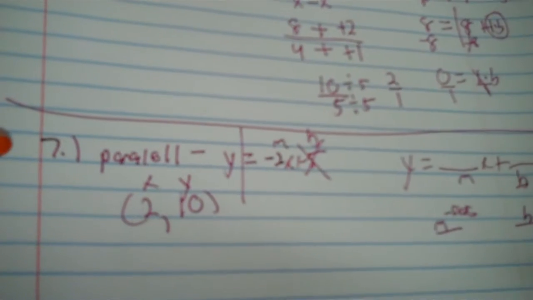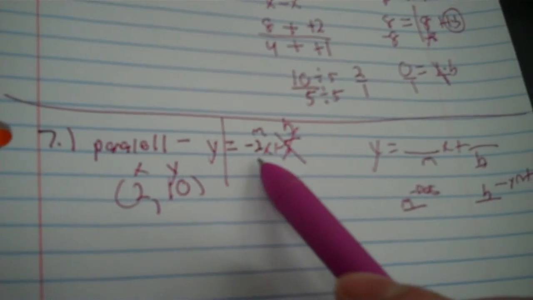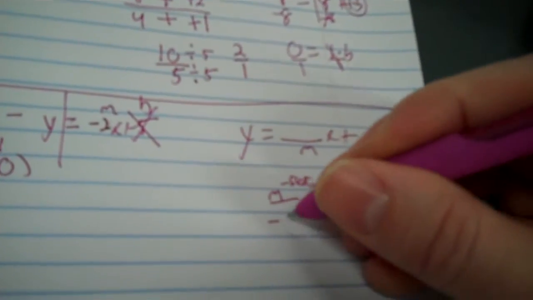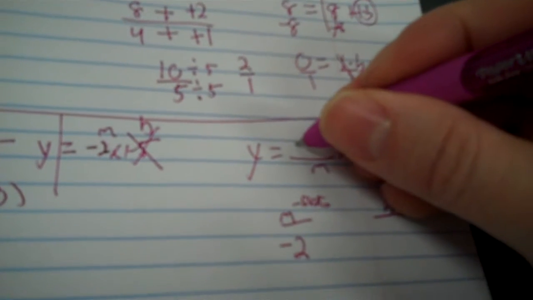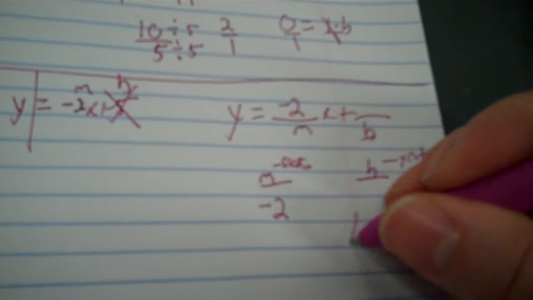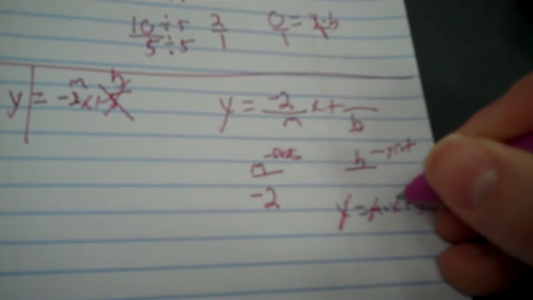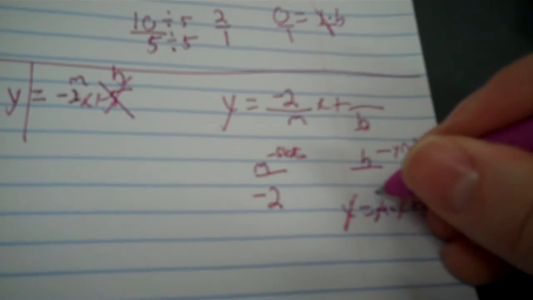Now I don't need this b. What I do need to pay attention to is the m. It's parallel. Parallel lines have the same m. So if that's -2, I have -2. So there's your m, and then y equals m times x plus b. So the m is -2.